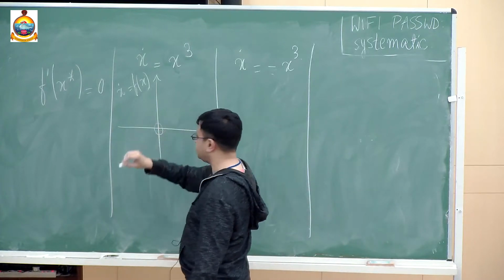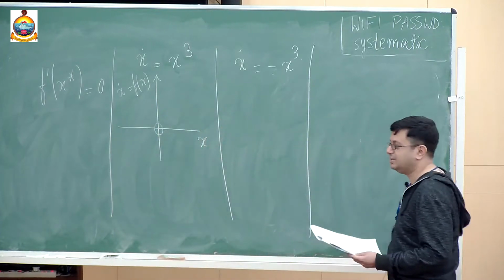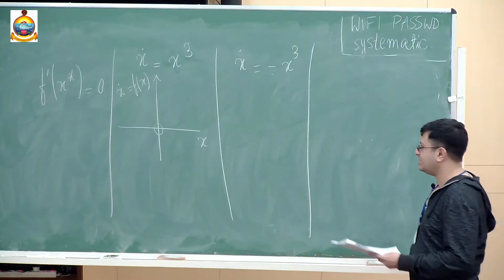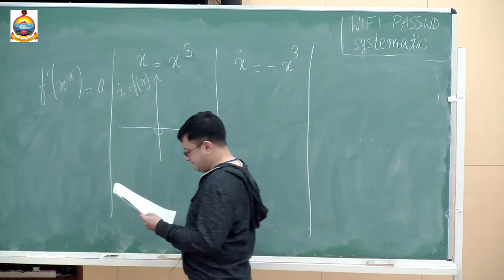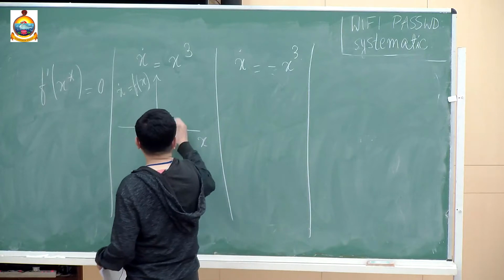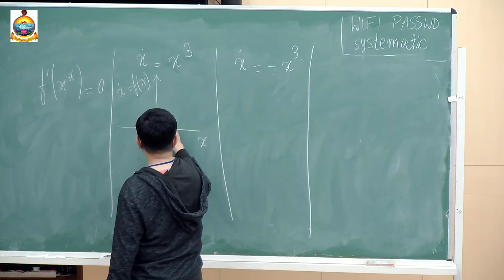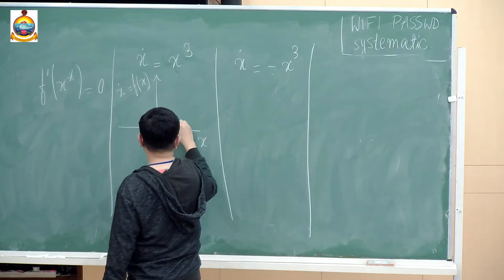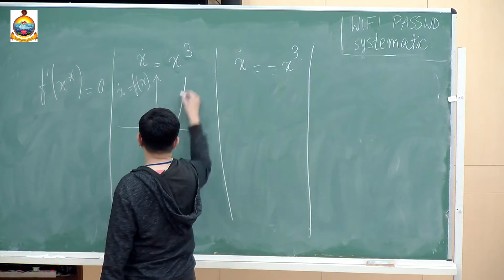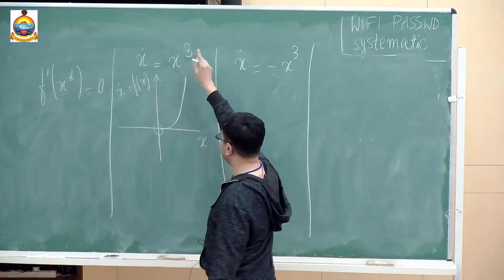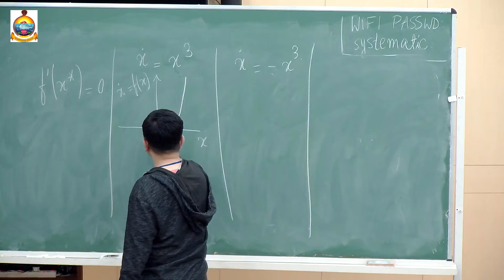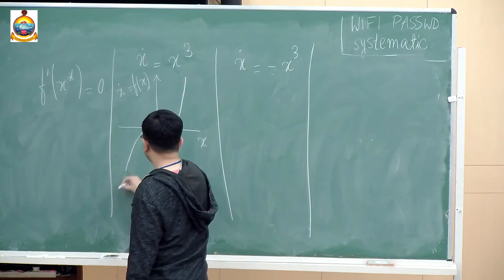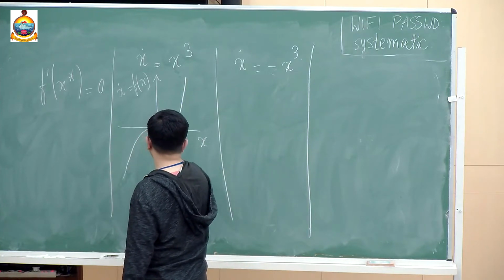So here I have a fixed point. I don't yet know whether it's a stable fixed point or an unstable fixed point. Now x cube is going to be very flat here, but eventually it will diverge, because as x goes to infinity this will go to infinity, and this is an odd function, so it will do something like this.